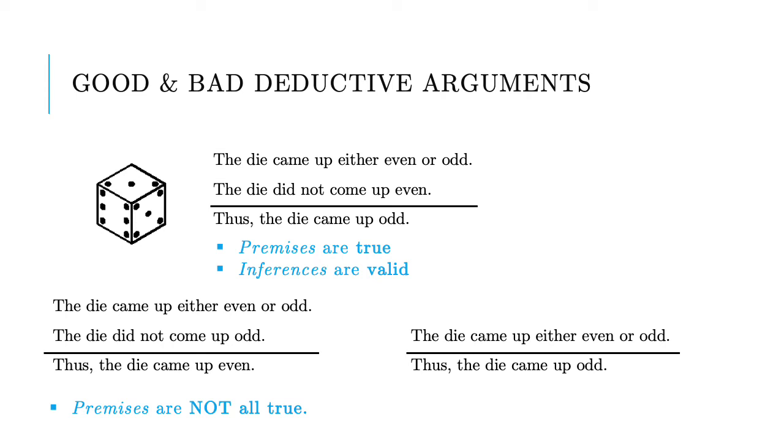However, the inference from the die came up either even or odd to the conclusion it came up odd is false, because given that premise, it could have also come up even. Hence, here, while the premise is true and even the conclusion is true, the inference is not valid.